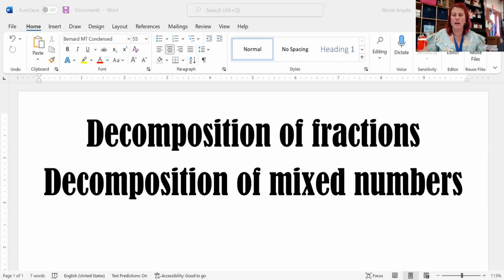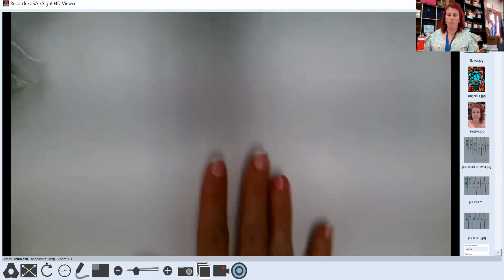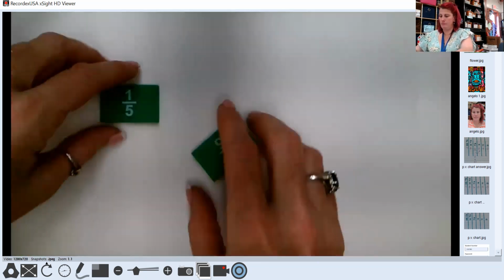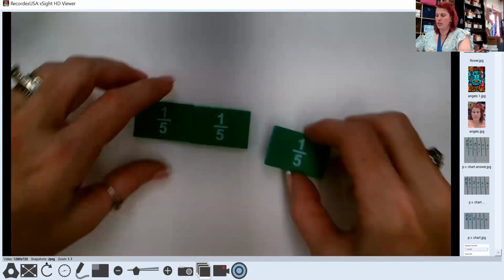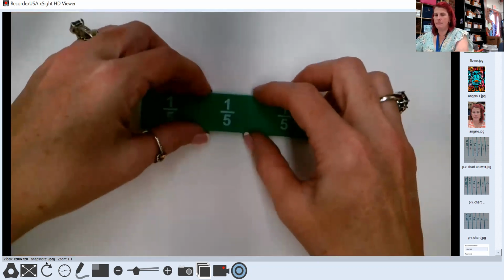So let's talk about decomposition of just a general fraction first. All right, so here we have our board, and we are going to do 3/5. I have the original fraction of 3/5.